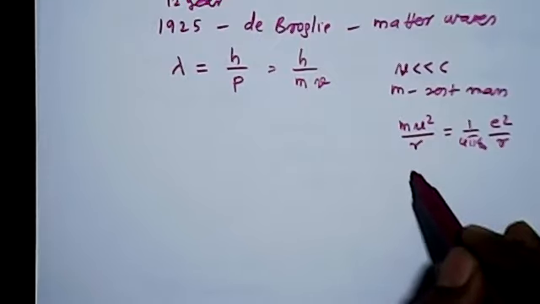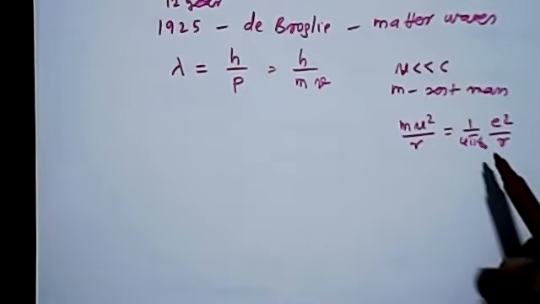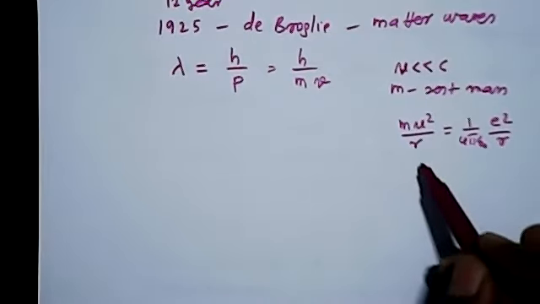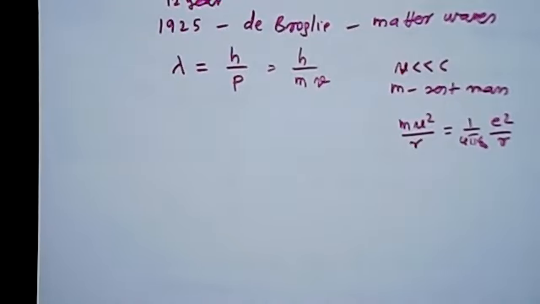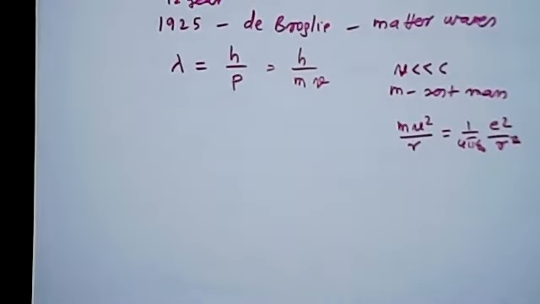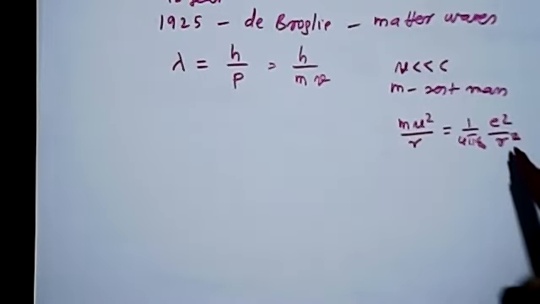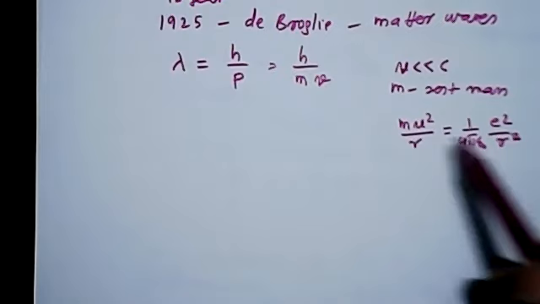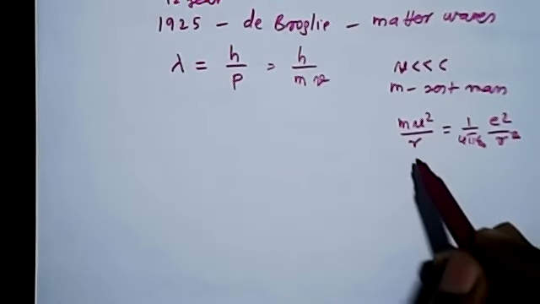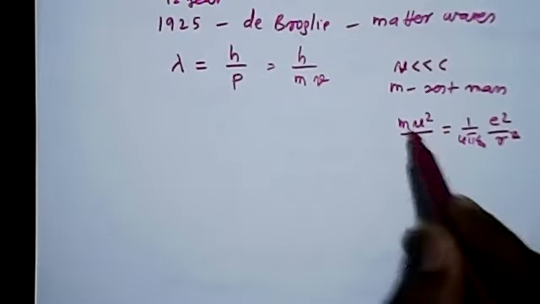So from this we get v square equal to... the right side is 1 by 4 pi epsilon 0 e square by r square if it is force. Potential is minus e square by r, so force is e square by r square. Comparing this, one r cancels on both sides, then m goes to the other side.